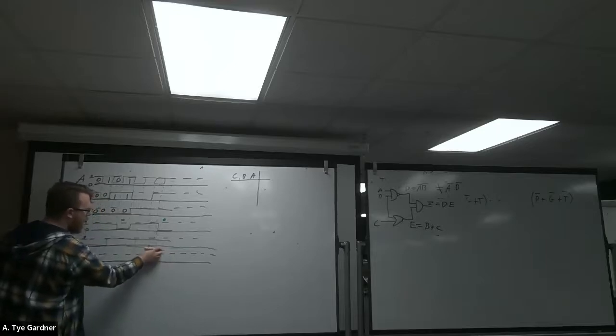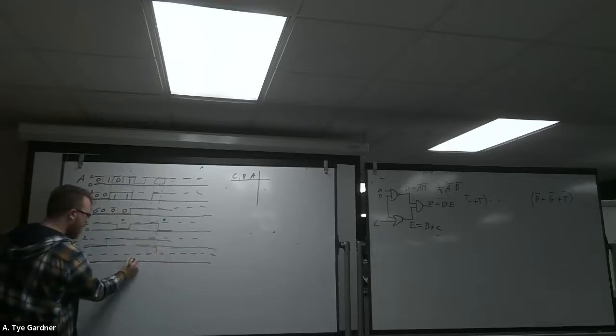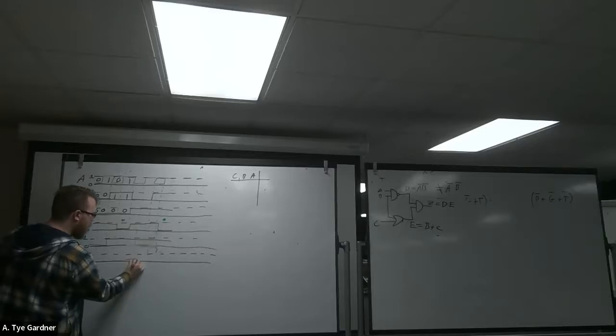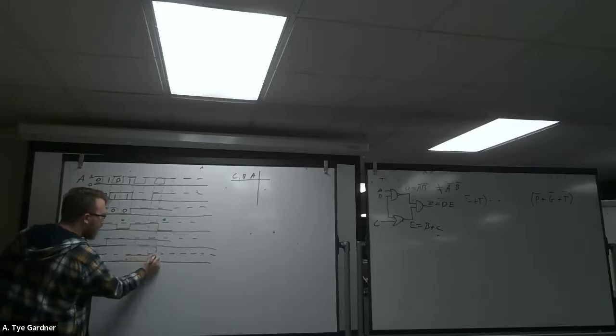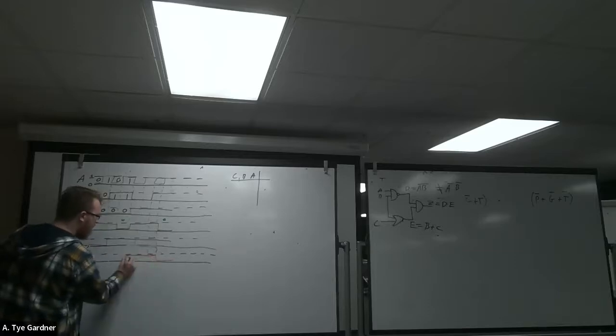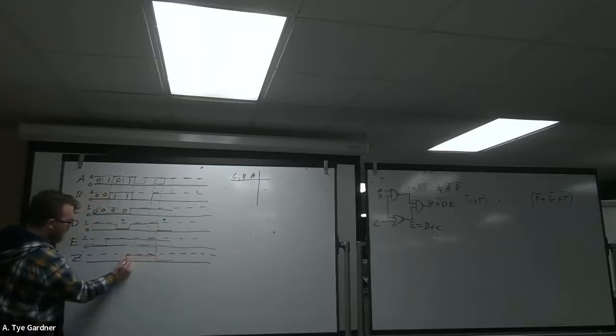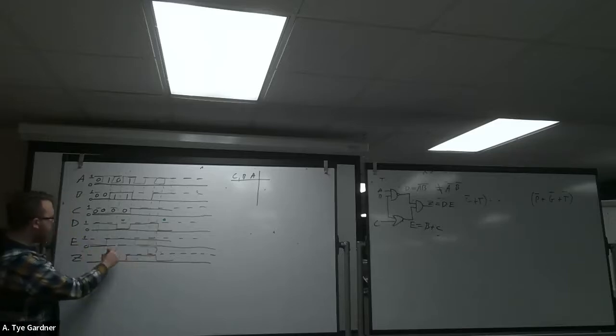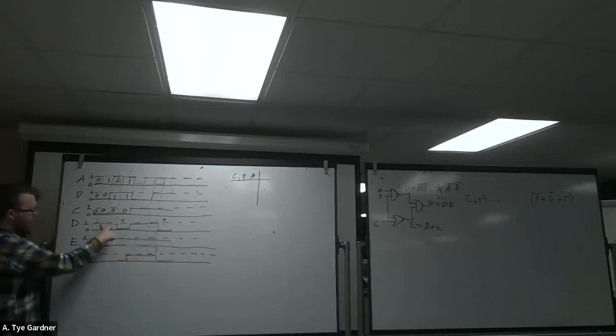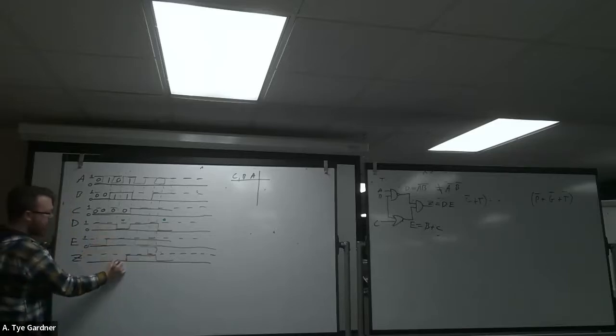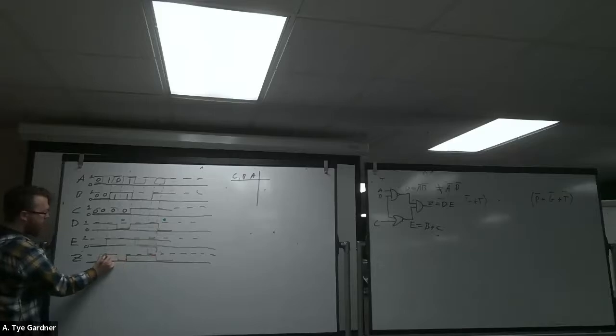Oh, oops, sorry, I'm off by a level. Doing this reverse. Yeah. Oh, I got one more, right? 1 and 1. So I've got a little blip. 1 drops down, 0.